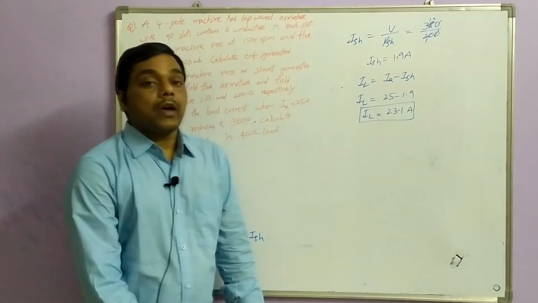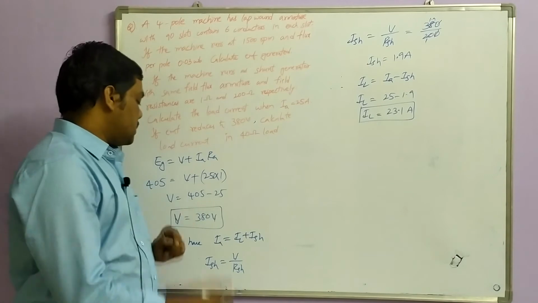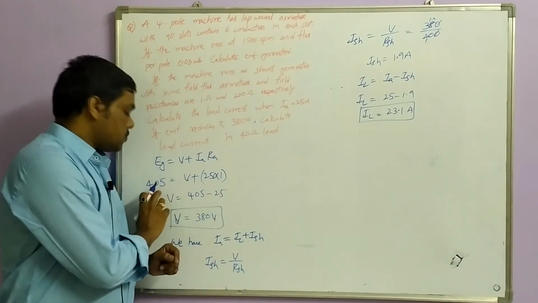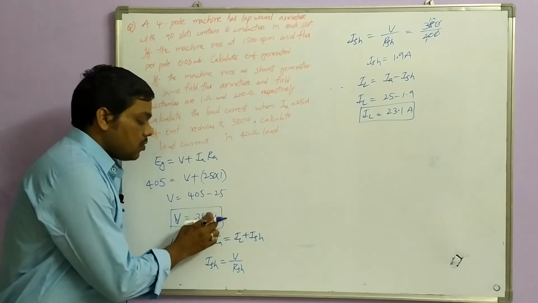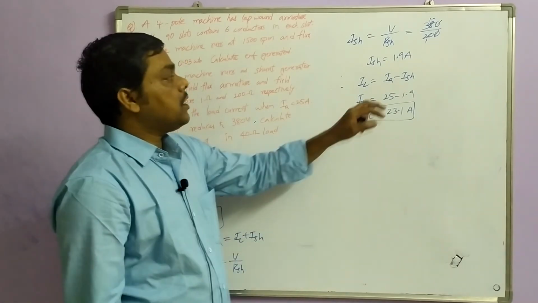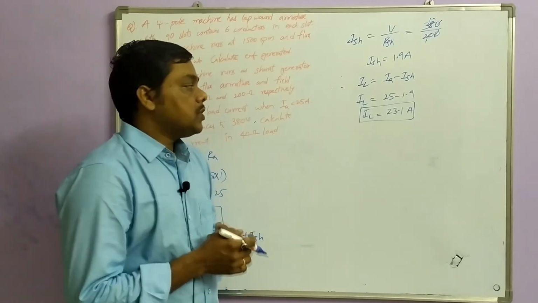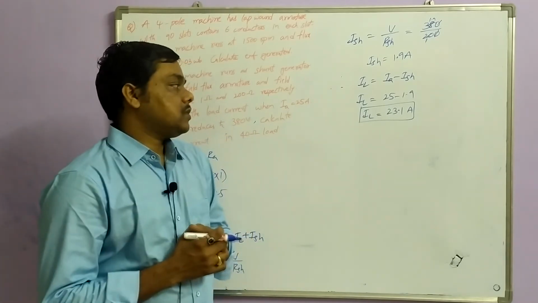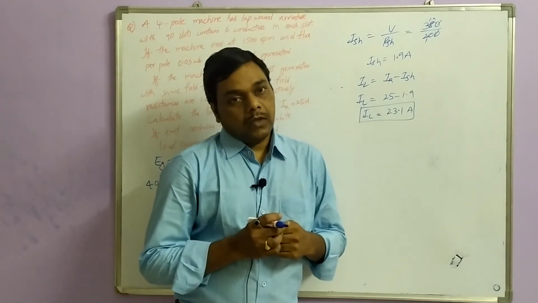Now the load current is 23.1 amperes if the generated EMF is 405 volts and the load voltage is 380 volts and the shunt current is 1.9 amperes and armature current is 25 amperes. Now this is a solution up to first case.